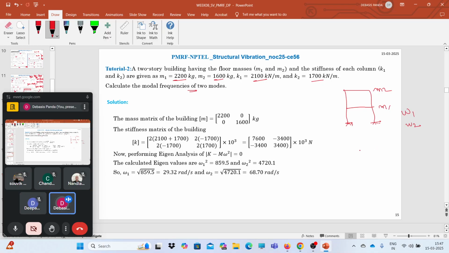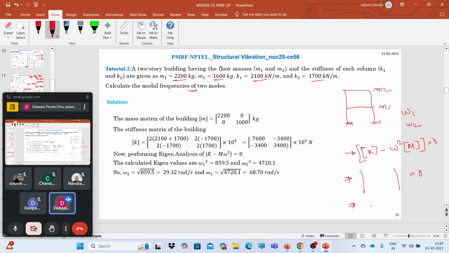So first you need to formulate the characteristic equation. That means K minus omega square M is equal to 0. Then you need to find the determinant of it.